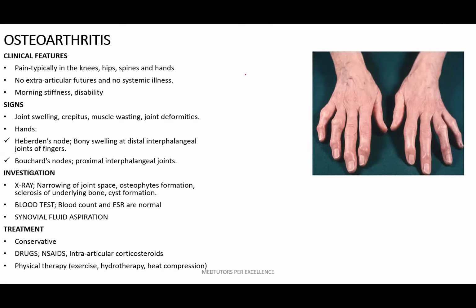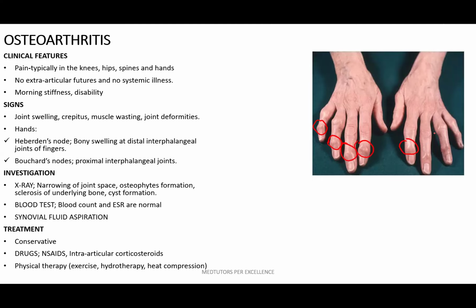You have bony swelling in the distal interphalangeal joints of the finger. You can see them. They are called what?